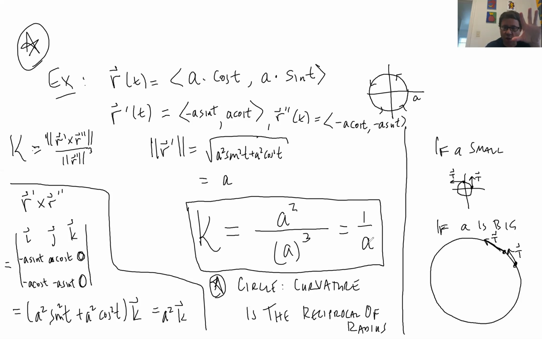If you have a big circle, then the radius is big, but you take the reciprocal and the curvature is small. That goes along with our intuition. With the big ones, the tangents don't change very much, therefore the curvature is not as big; it's not as curvy. And this is one that maybe you have already come across, but it is constant, and it does make sense according to the definition.